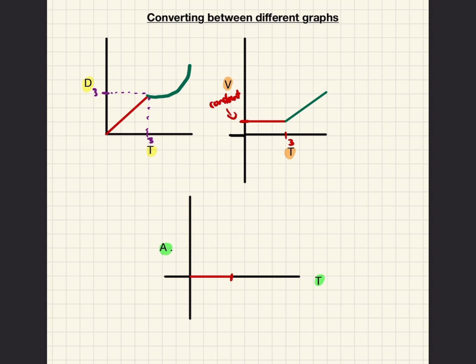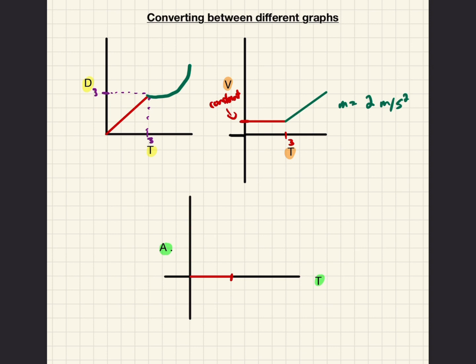Now, let's say we took the slope of this graph and we said that it's about, and of course we're just doing the rough calculation, 2 meters per second squared. Okay. So the slope is 2 meters per second squared.